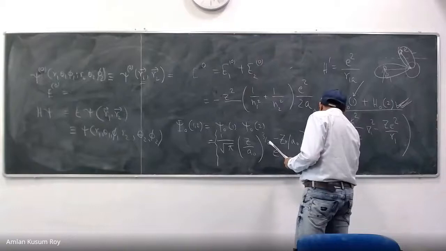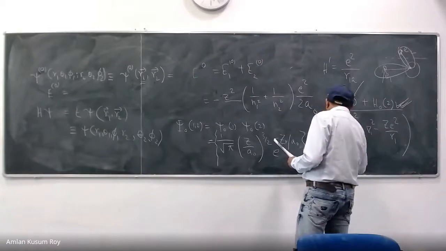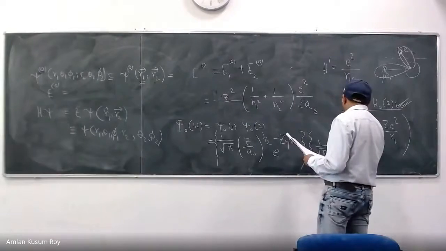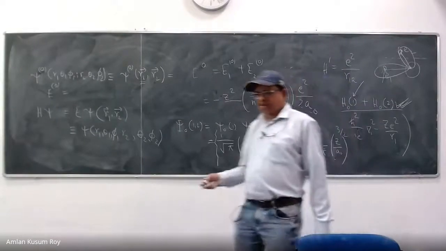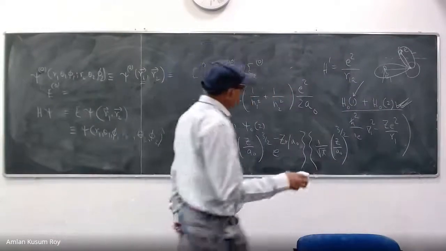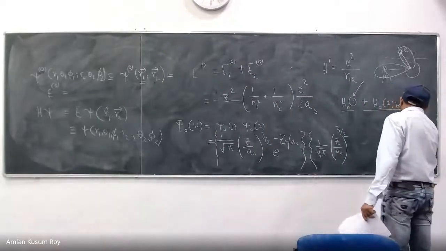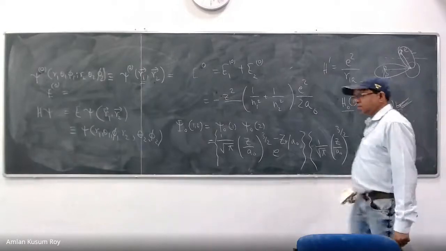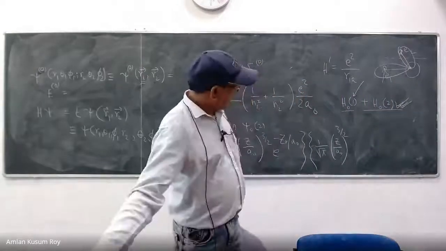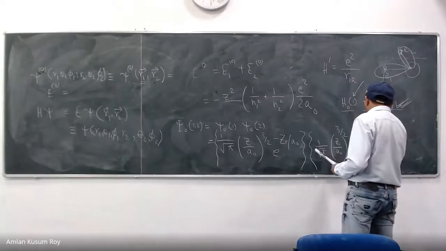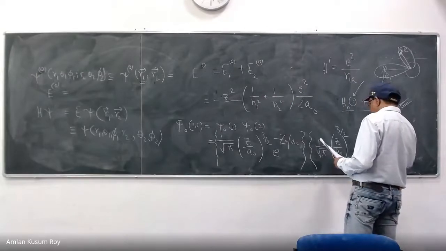(Z over a0) to the power 3 by 2 and e to the power minus Z r over a0.